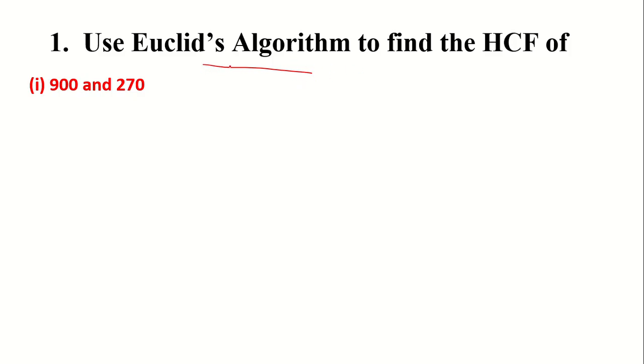In exercise 1.1, which is in chapter 1, the very first question is: use Euclid's algorithm to find the HCF of 900 and 270. Let me recall what Euclid's algorithm is. First we divide the larger number by the smaller number.